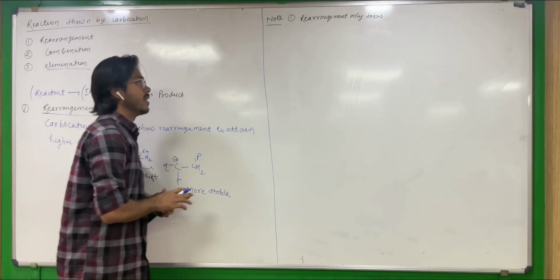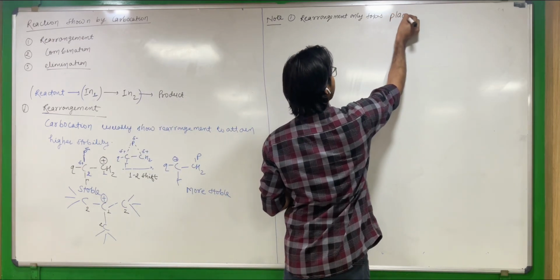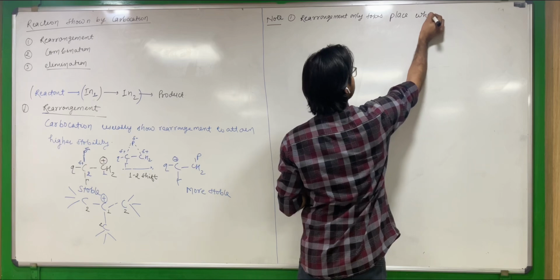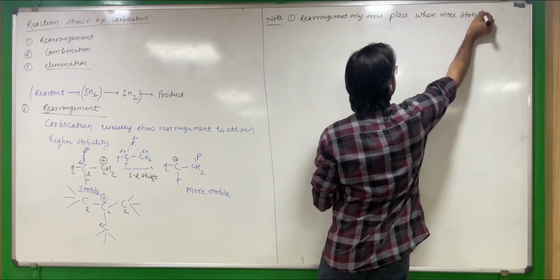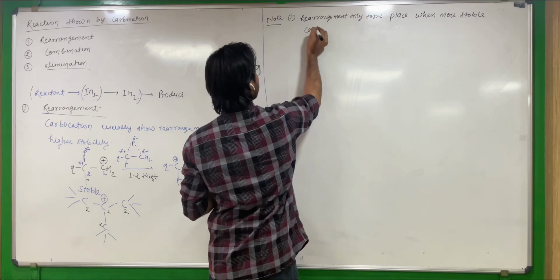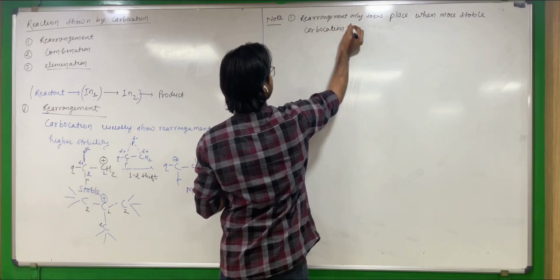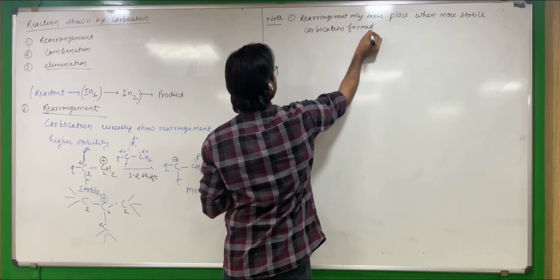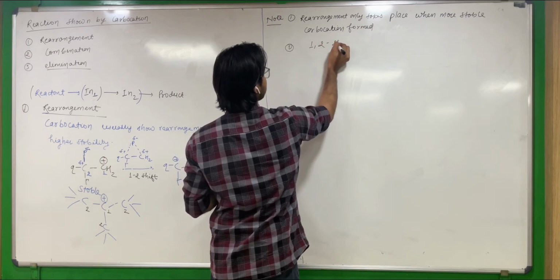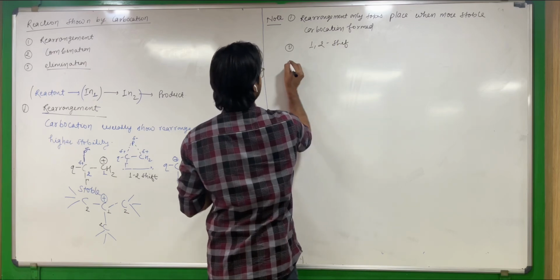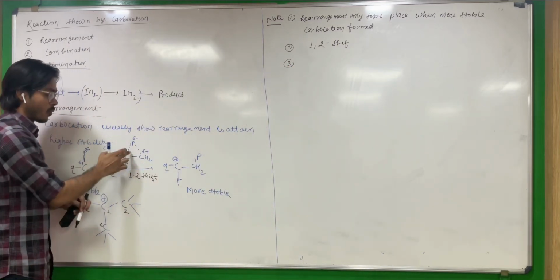Second, a 1-2 shift takes place. Third, see, this one is a 3-member cyclic transition state. 1, 2, 3.